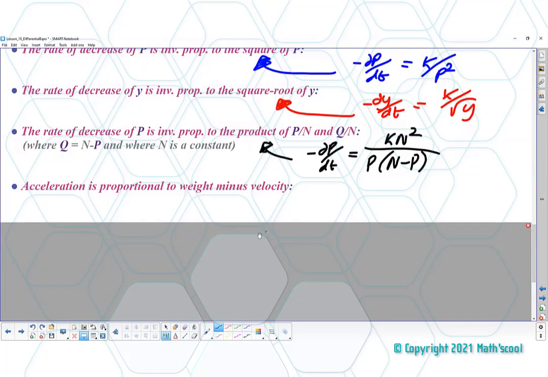Acceleration is proportional to weight minus velocity. The others all say rate of something, but this one doesn't say rate of anything. But we know that acceleration is a rate of something with respect to something else.